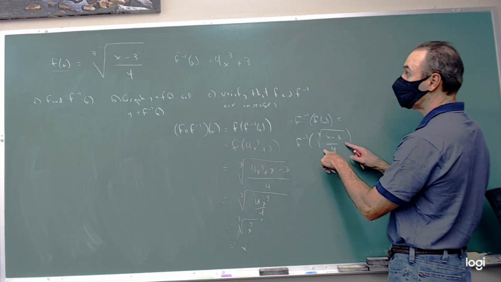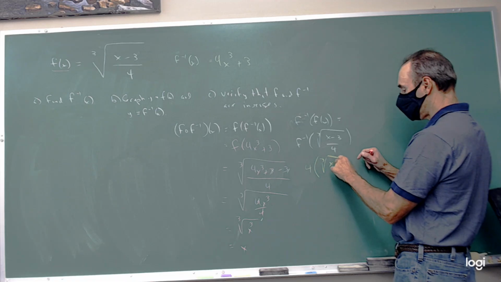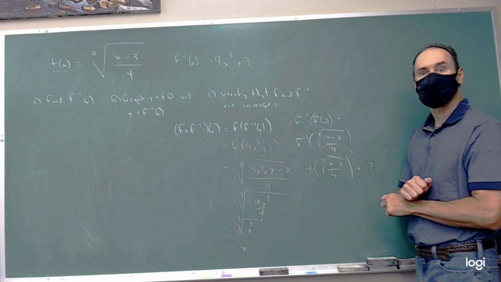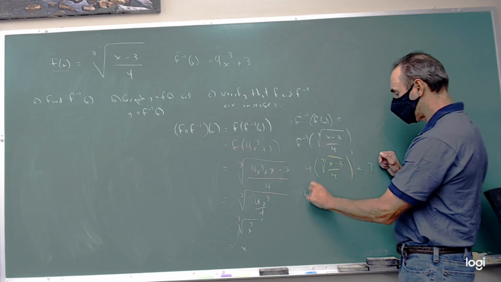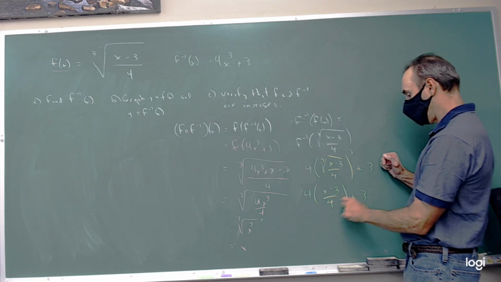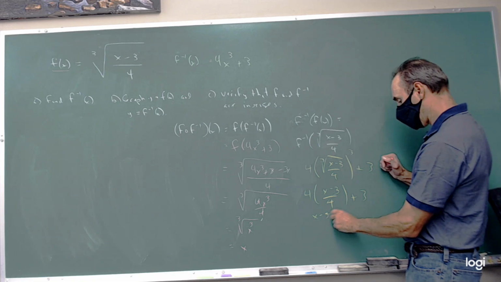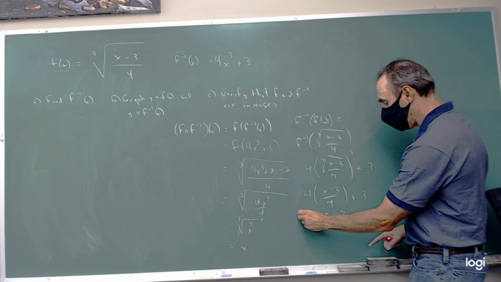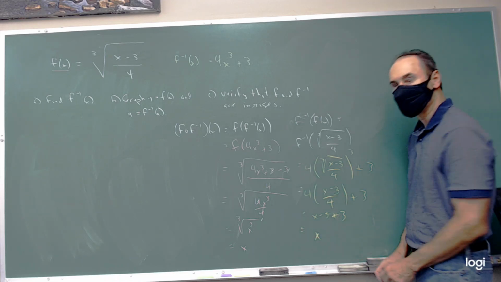So we need 4 times that cube root of (x minus 3) over 4, cubed, plus 3, according to our f inverse. The cubes are going to cancel. So now we have (x minus 3) over 4. The 4's will cancel. And we'll get x minus 3 plus 3, and then finally the 3's will cancel, and we'll get to our x.